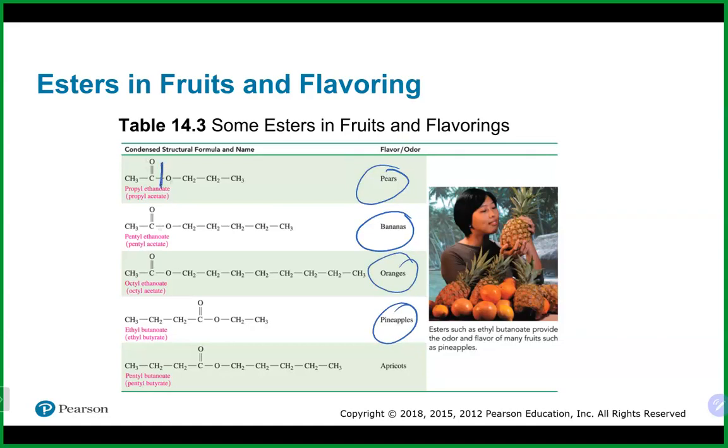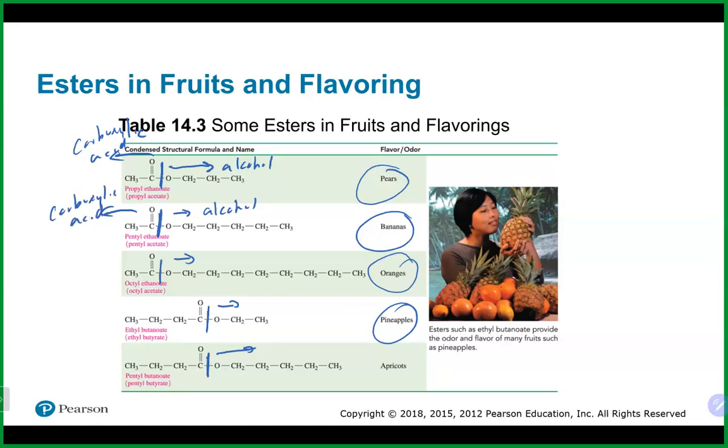And once again, in each of these cases, going towards the single bonded oxygen is our alcohol part, and going towards our double bond is our carboxylic acid part. We would break these apart right about there, towards the single bond is the alcohol, and going the other way, our carboxylic acid.